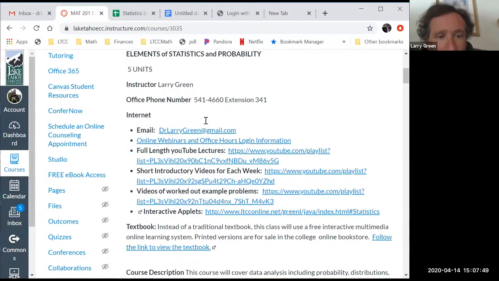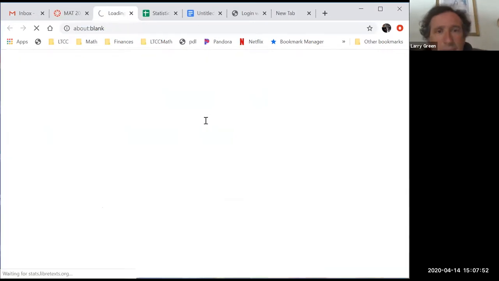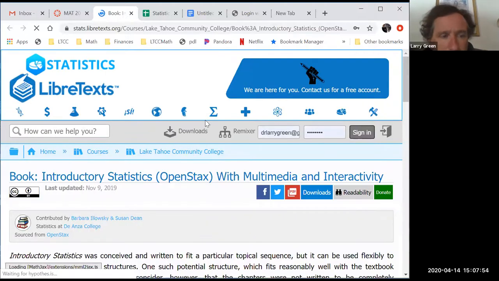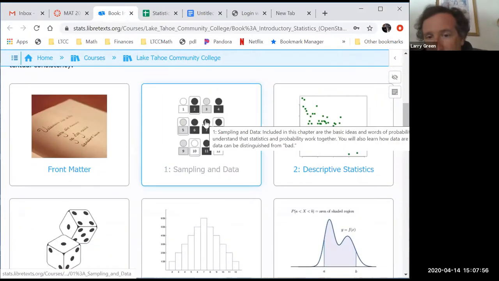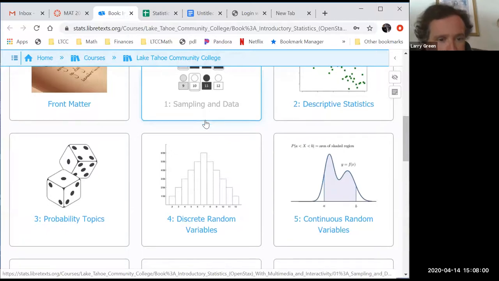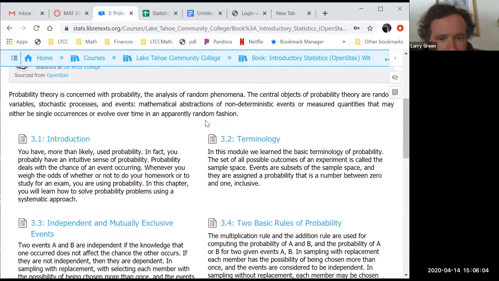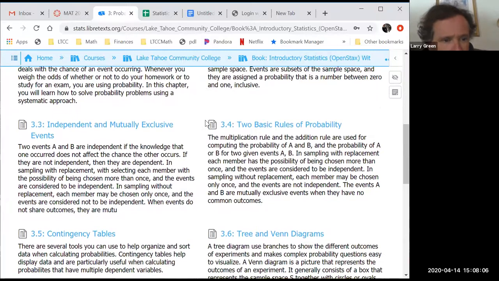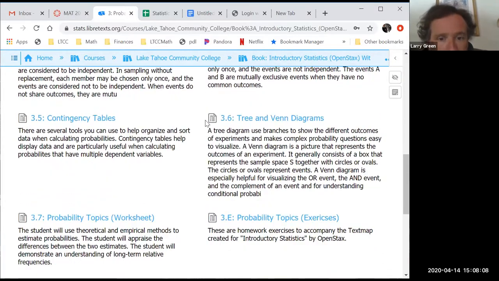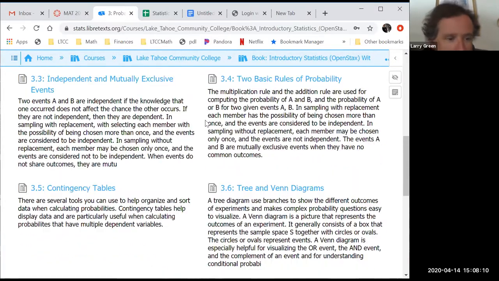So what we can do is go to the textbook, and we're in chapter 3, at least I think I programmed this. Now I have to remember where I put it. That's the hard part.